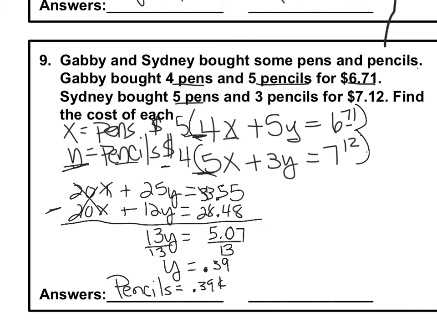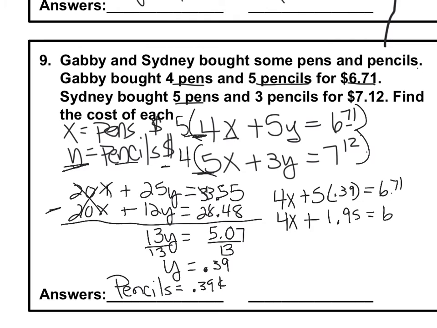So now I can take that and plug it in one of my original equations for y. So 4x plus 5 times 39 cents equals 6.71. So 4x plus, 39 cents times 5 is going to give me $1.95.